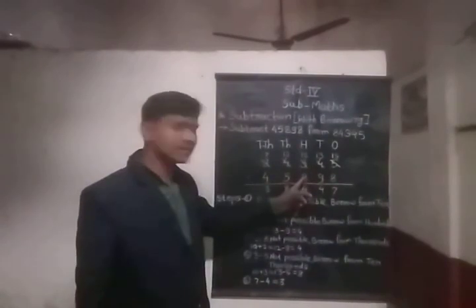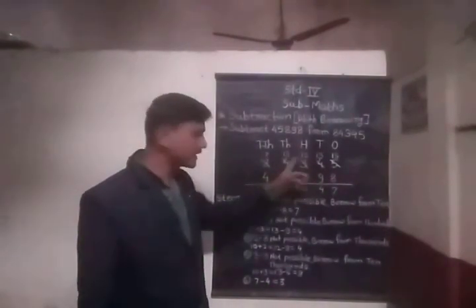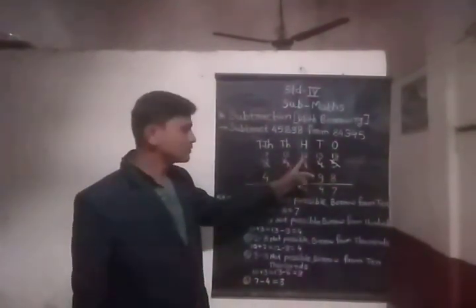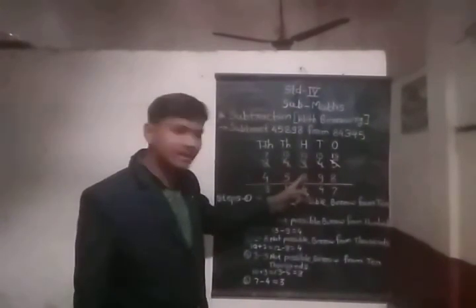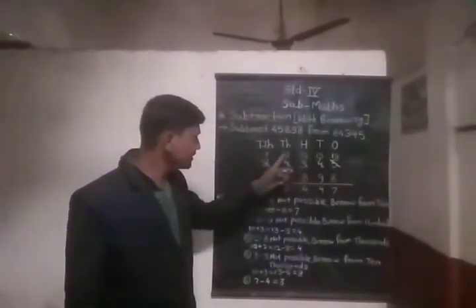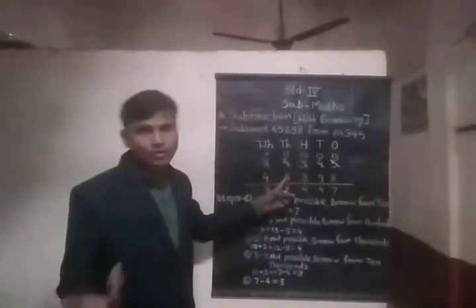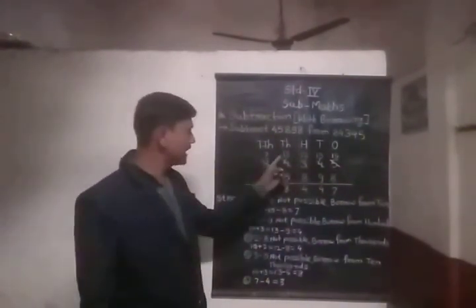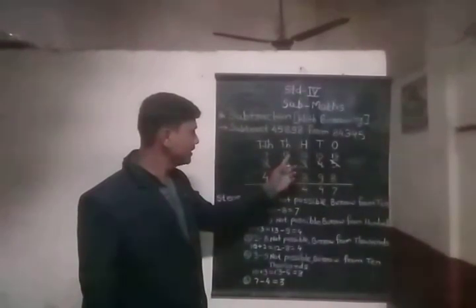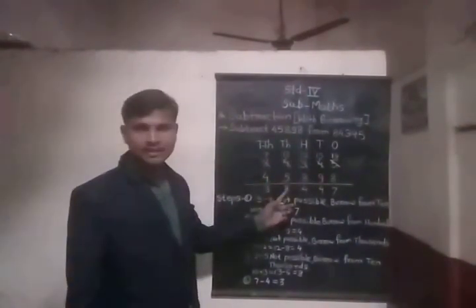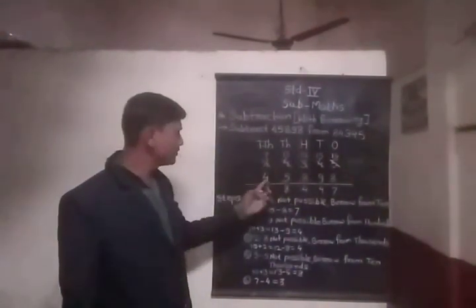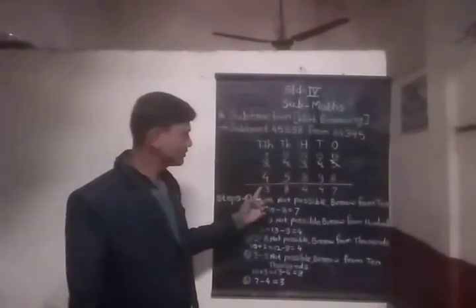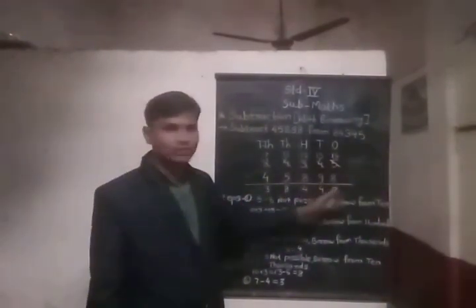Here also 2 minus 8 is not possible, so again we take a carry from the thousands place. Here 12 minus 8 is 4. Next, 3 minus 5 is also not possible, so again we take a carry from the 10,000s place. Here 13 minus 5 is 8, and here 7 minus 4 is 3. So 38,447.